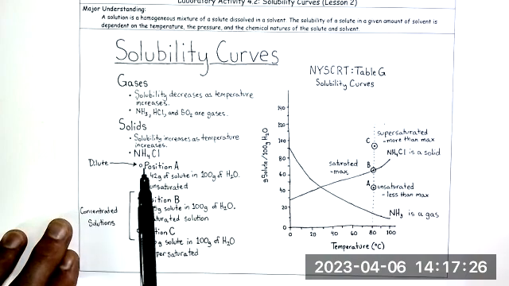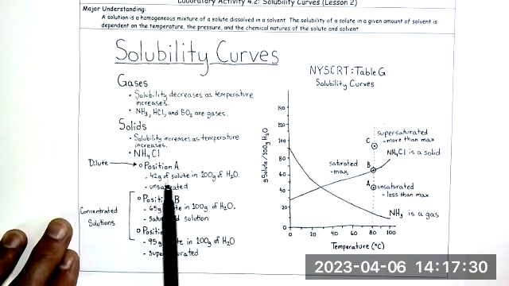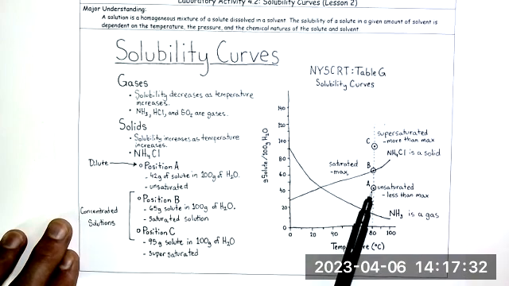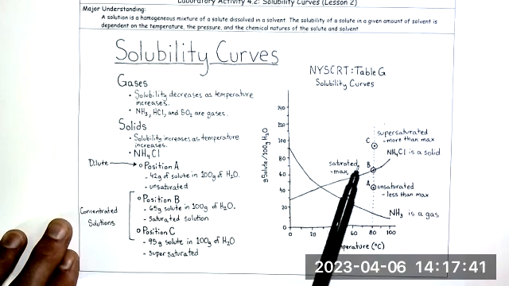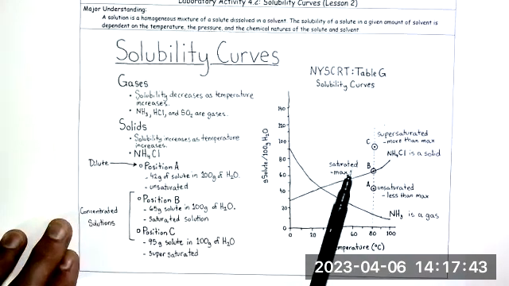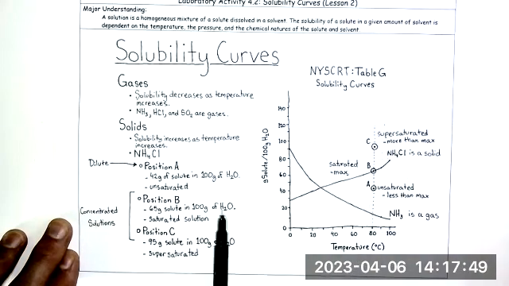Then we specifically talked about the curve for ammonium chloride and how a point below the curve on table G would represent an unsaturated solution for that substance. A point on the curve would represent a saturated solution for that substance, and a point above the curve would represent a supersaturated solution for that substance.